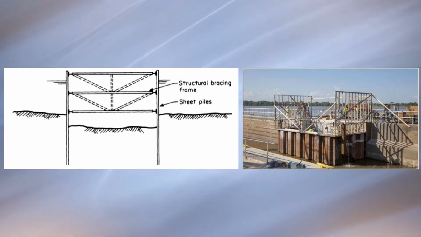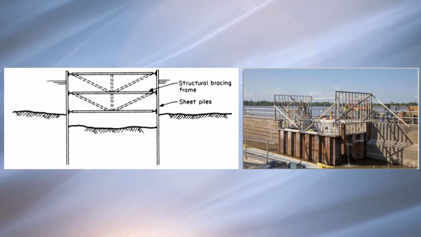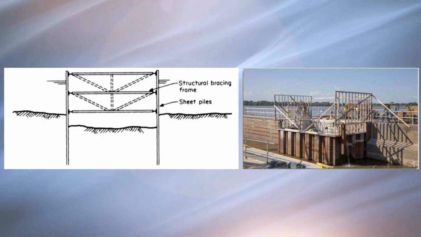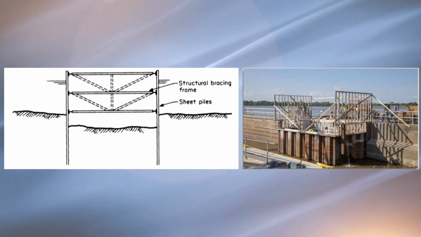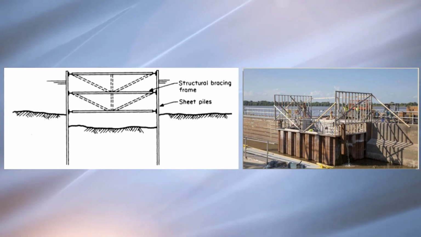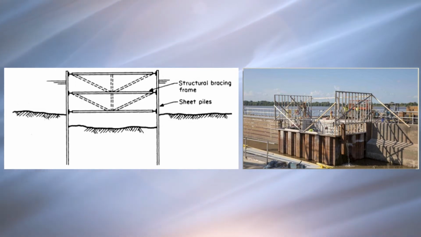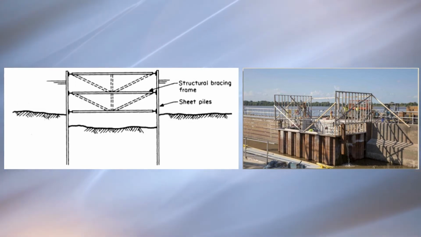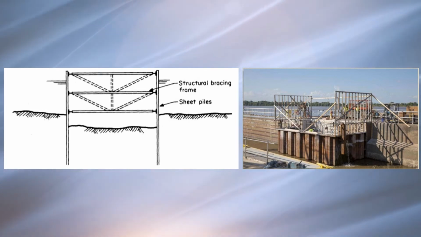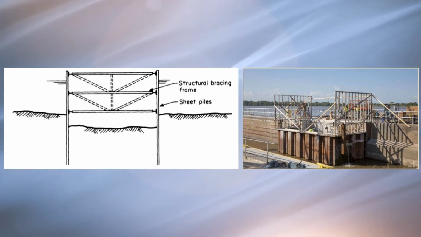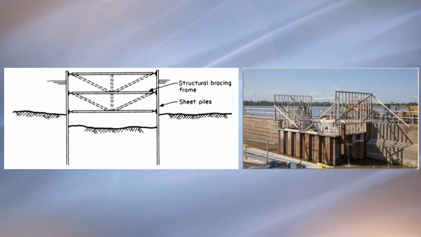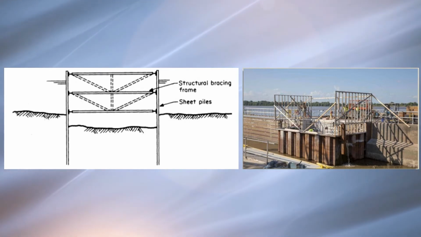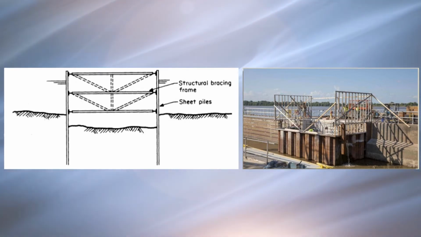Where the soils are pervious, the flow of water into the cofferdam cannot be completely stopped economically, and the water must be pumped out periodically and sometimes continuously. A soil is said to be pervious if it offers minimum resistance to the flow of water through it, such as gravels and sand.